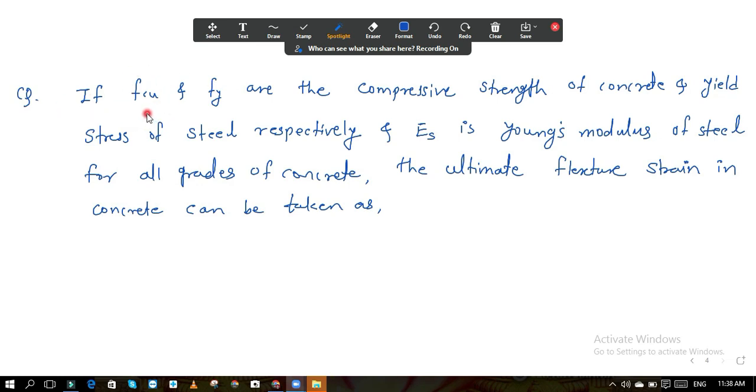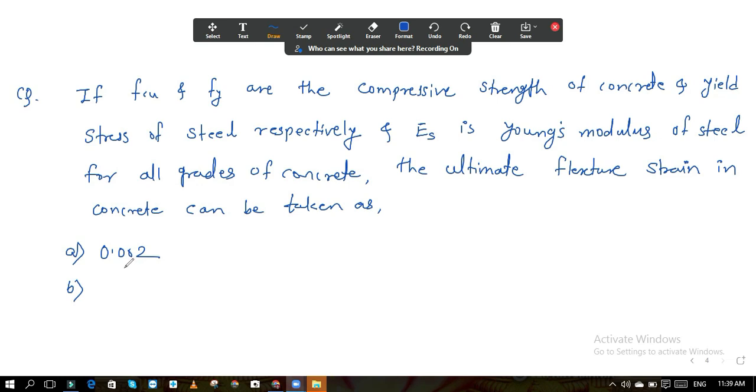If FCU and Fy are, so FCU is the compressive strength and Fy is the yield stress, of steel. Okay, and FCU is the compressive strength of concrete, Fy is the yield stress of steel. ES is the Young's modulus of steel. So what they have asked, for all grades of concrete, the ultimate flexure strain in concrete. Okay, so what is the ultimate flexure strain in concrete? They have asked us. So the options are, A, it is 0.002.